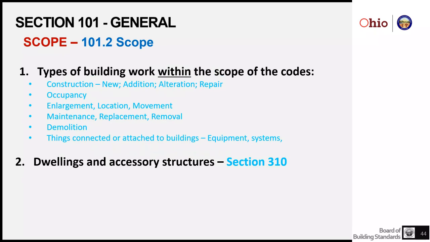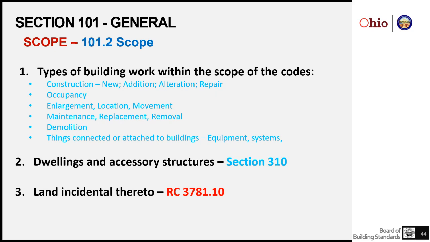Again, for dwellings and accessory structures, go look at 310 and see when the OBC is triggered. And this gets back to the land thing. Revised Code section 3781.10 talks about how the Ohio Building Code regulates the buildings and the land incidental thereto. So there's a little bit of outside the building that is regulated.